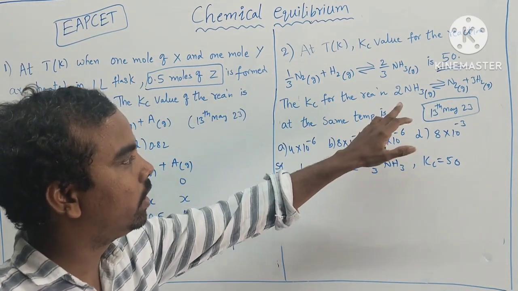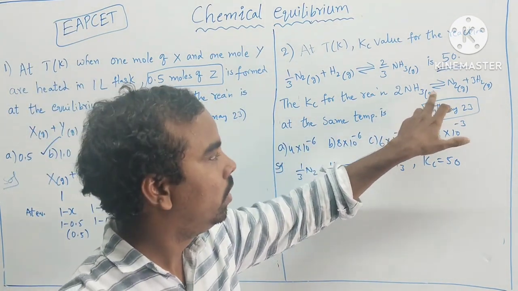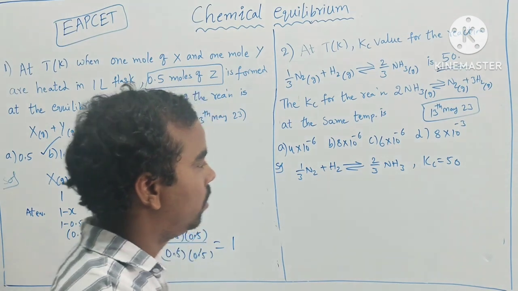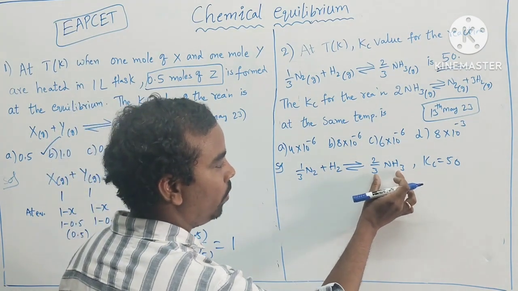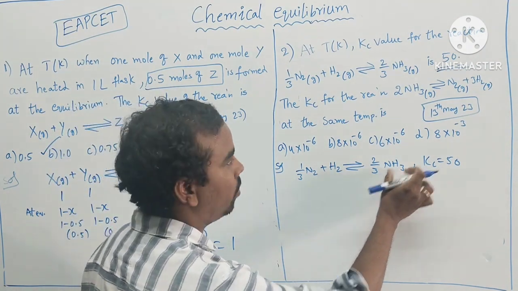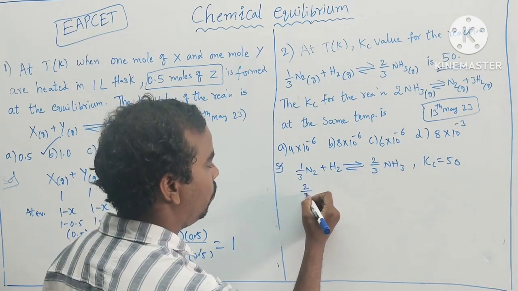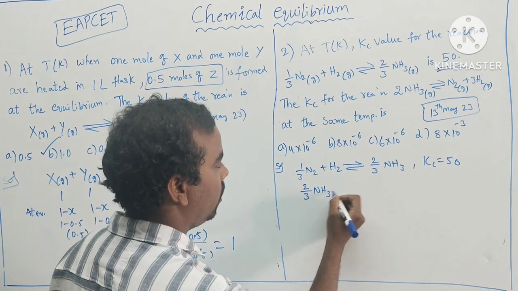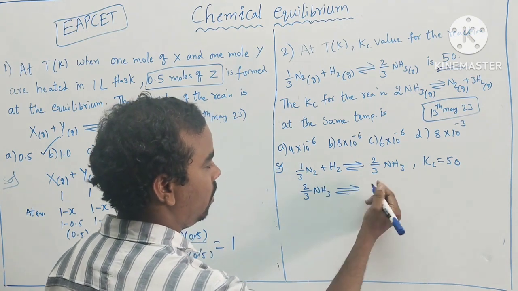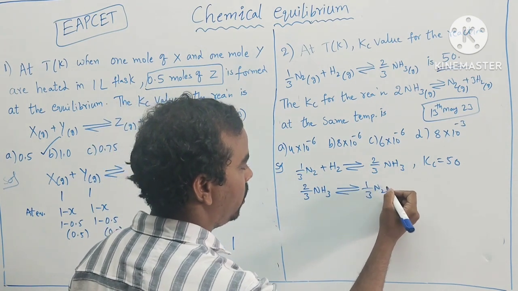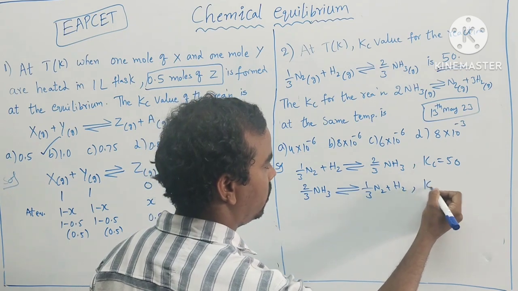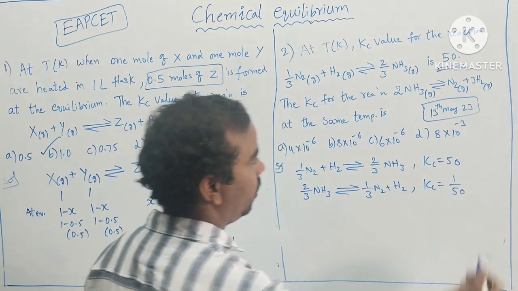Now the reaction 2 moles of ammonia in equilibrium with N2 plus 3H2. Here 2 by 3 moles of ammonia is the product, but here it is the reactant. For the reverse reaction, Kc is equal to 1 by 50.